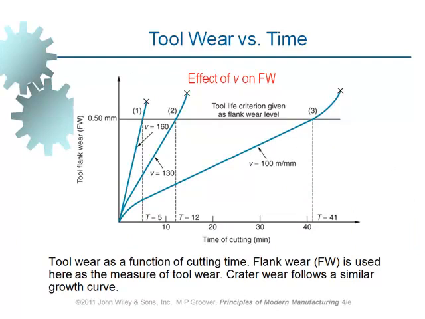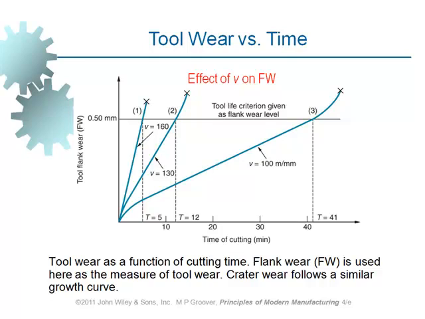It's the same type of graph where we've got tool flank wear against time of cutting. And as you can see, when cutting speed increases to 160, the lifetime of the cutting tool reduces to a very short time. For this given case, it is only 5 minutes.